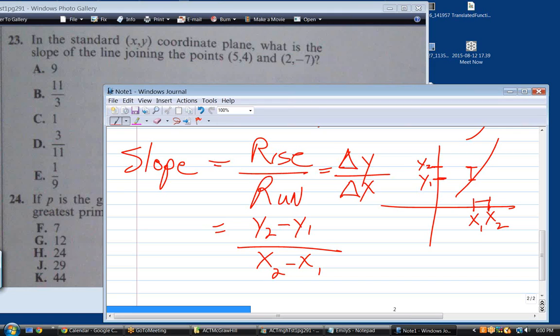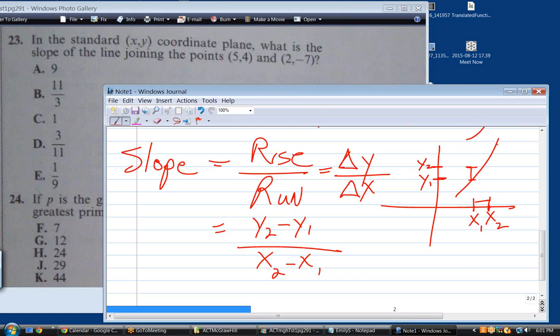And the reason slope is part of algebra 1, 2, and 3 is because the concept of slope is the key ingredient in differential calculus. If you had to say 3 words to define differential calculus, it would be rate of change, the instantaneous rate of change. And rate of change is slope. Notice that the rate of change means the change in y divided by the change in x.